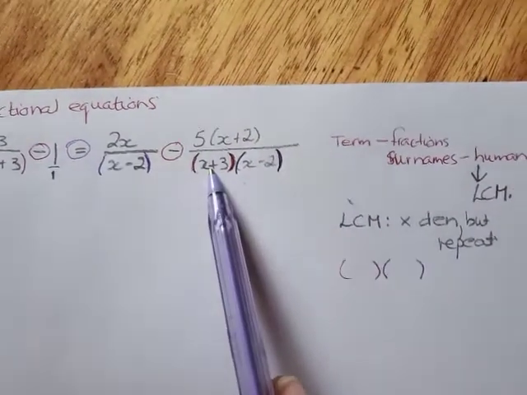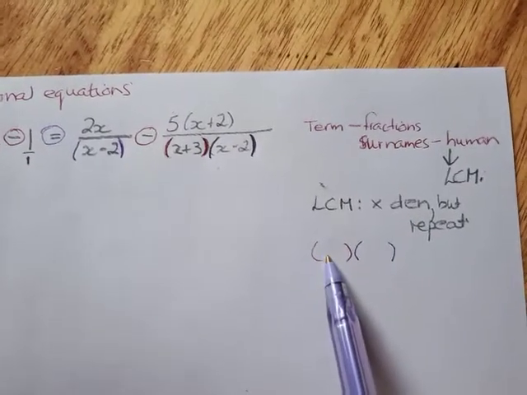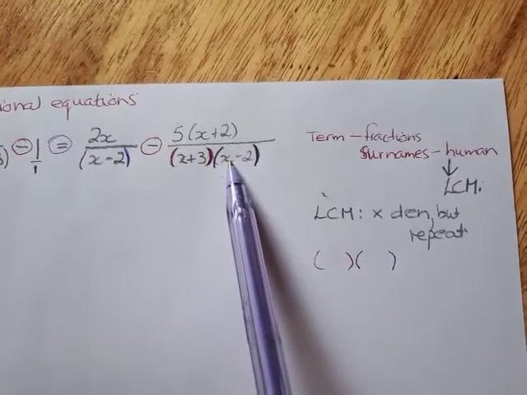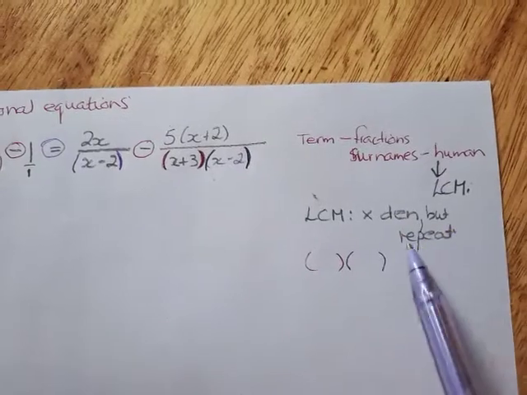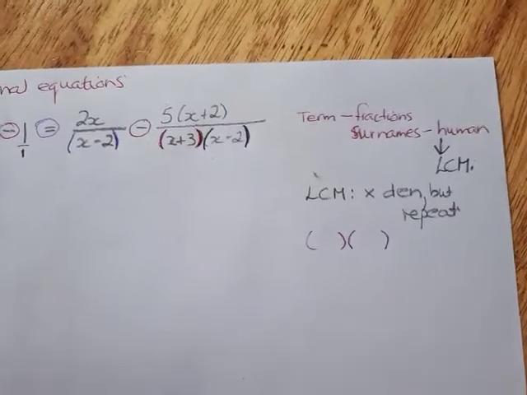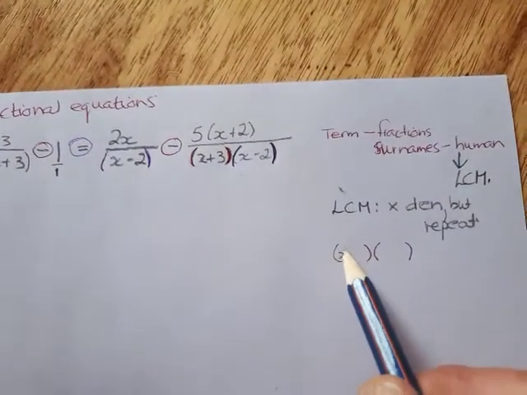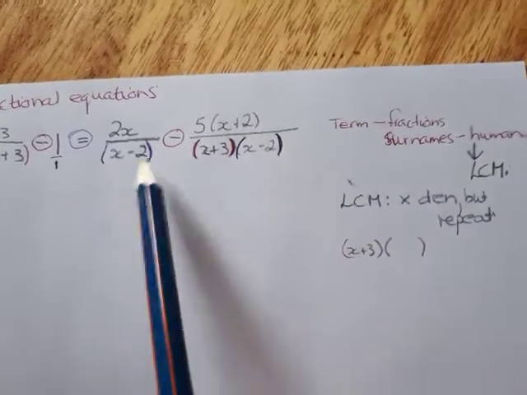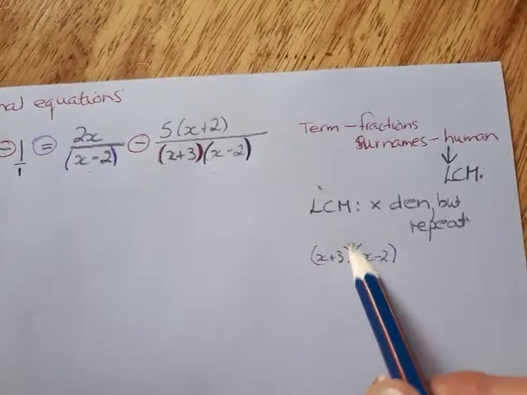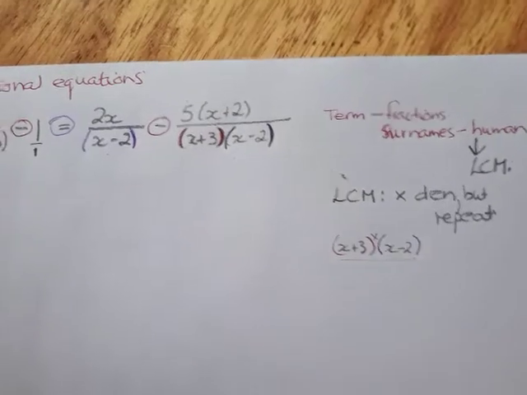Now we've got another red bracket, and because we don't repeat, your lowest common multiple will not have 2 red brackets, it will have only 1. And we've got another purple bracket, and again, because we don't repeat anything, we will have only 1 purple bracket and not 2. So my lowest common multiple is my red bracket, which is x plus 3, and my purple bracket, which is x minus 2. And we just simply multiply them. So that's my lowest common multiple.